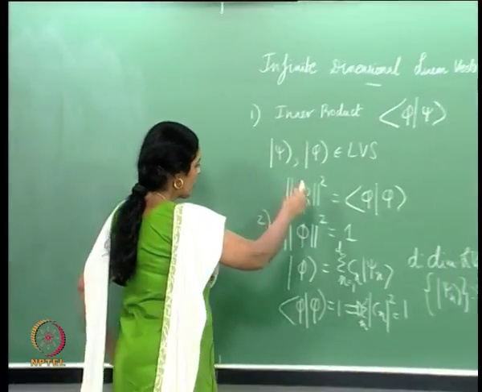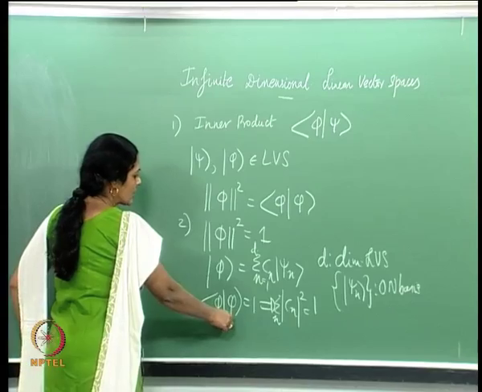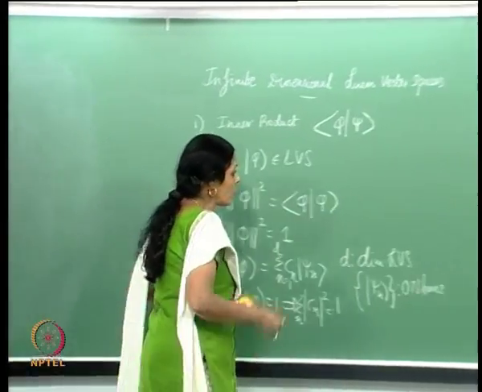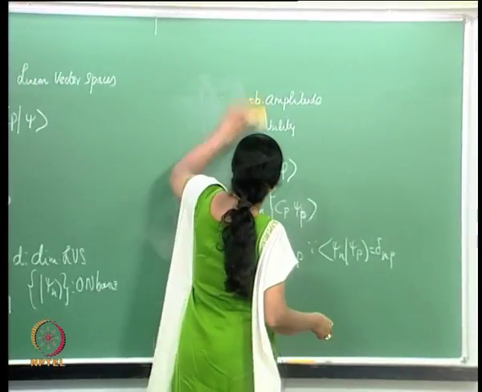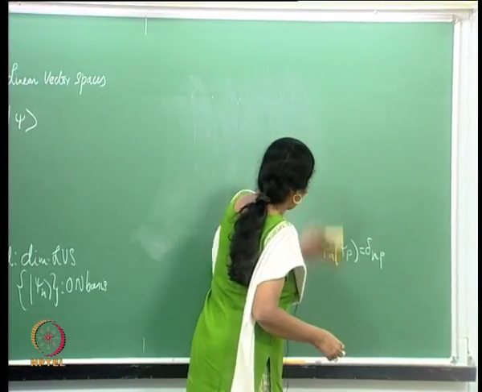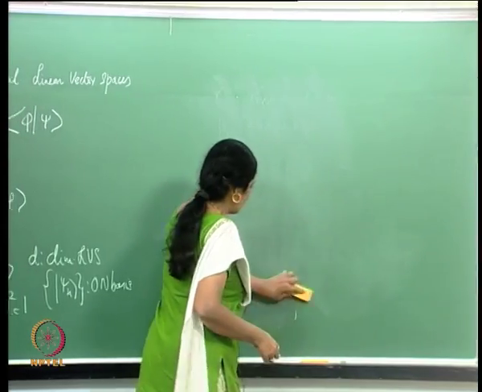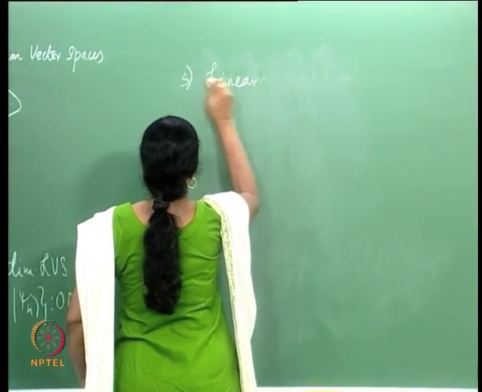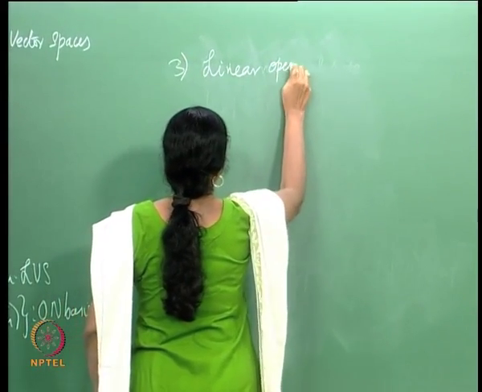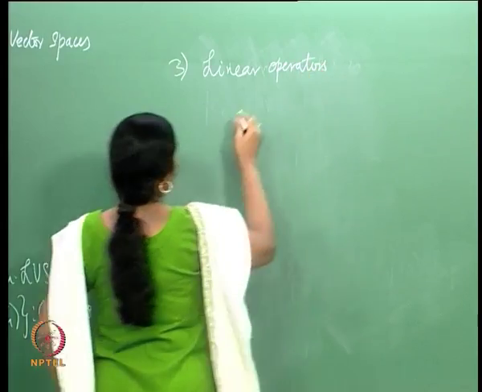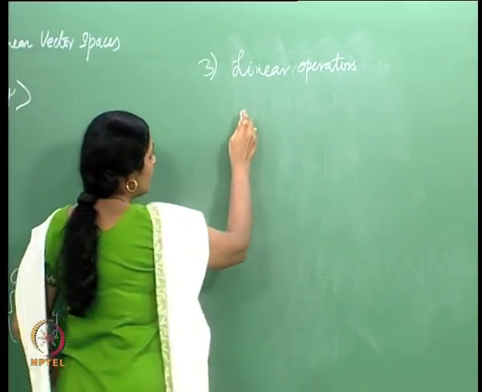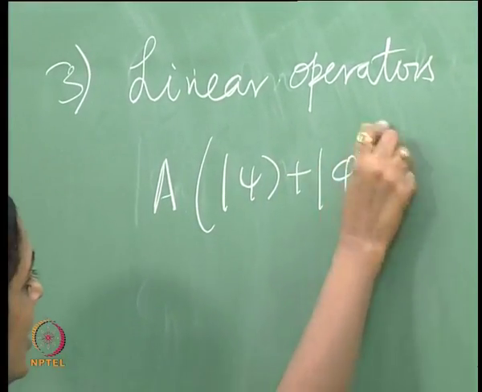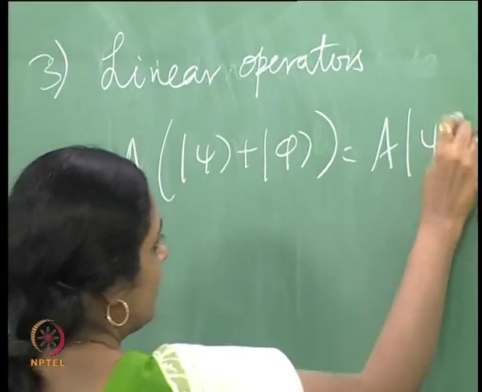I will talk more about this convergence property and what are known as Cauchy sequences a little later. But right now, apart from this probabilistic interpretation, we had some more structure in the finite dimensional linear vector space. One of them being that operators were linear operators. So if I have an operator A and it acts on the state psi plus phi, it acts linearly.